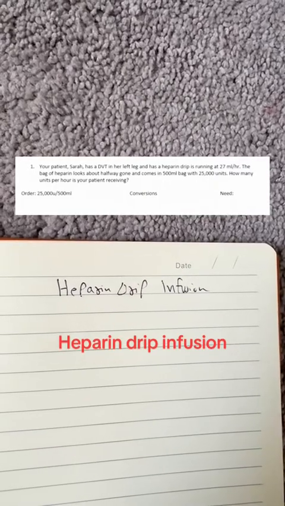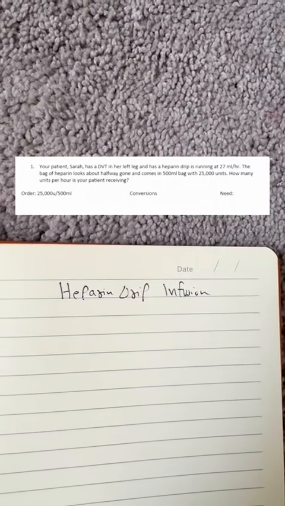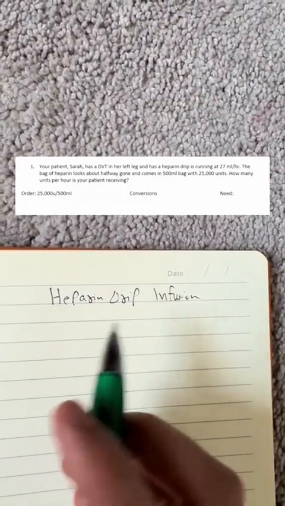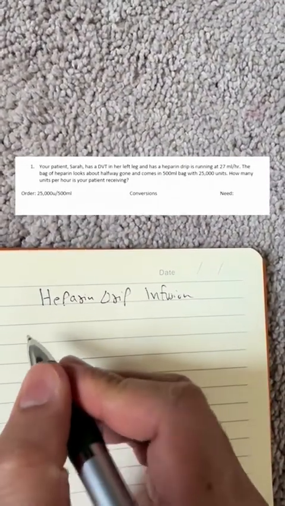Let's solve the next heparin drip infusion. There are many formulas for different situations.